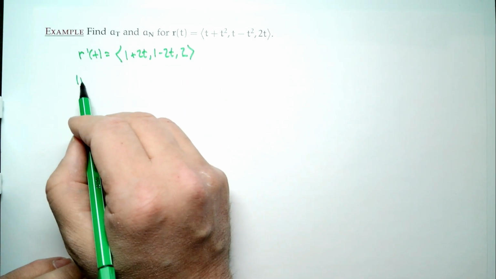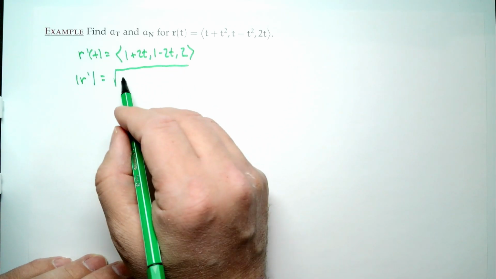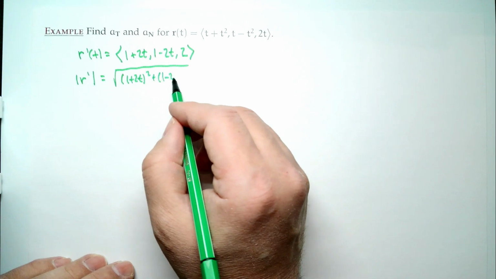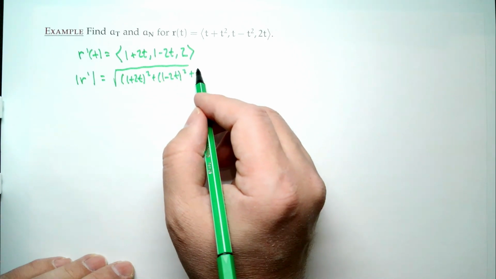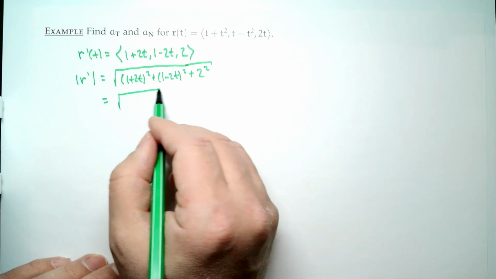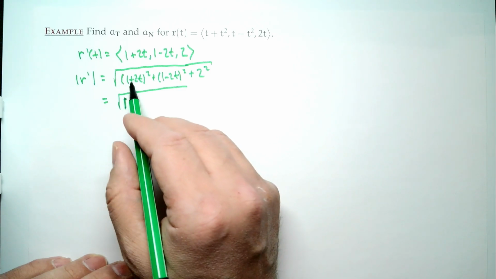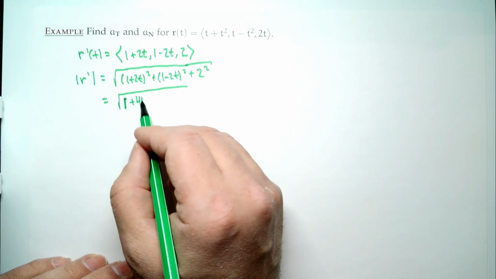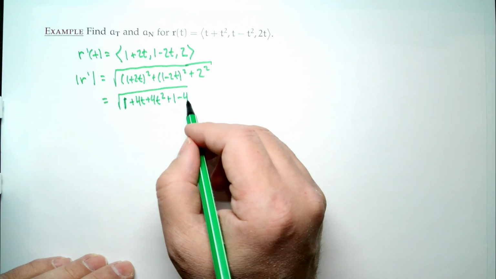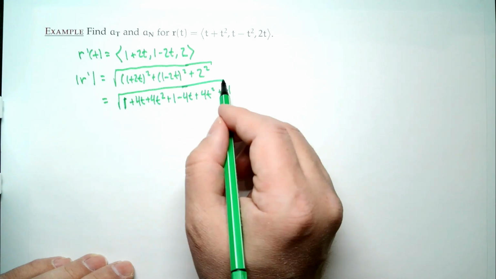You need the magnitude of r prime, doesn't matter which method you're using. So that would be the square root of quantity 1 plus 2t squared plus quantity 1 minus 2t squared plus 2 squared. So this would be 1 plus 4t plus 4t squared plus 1 minus 4t plus 4t squared plus 4.